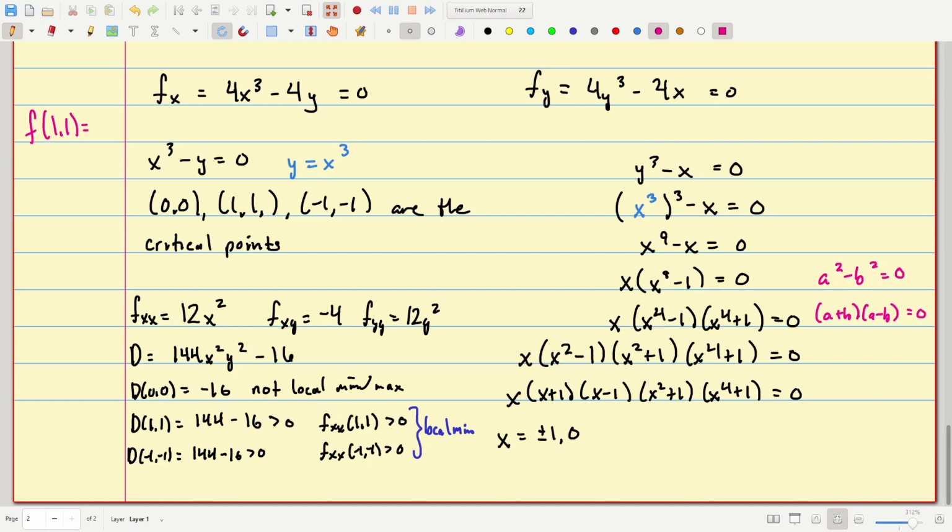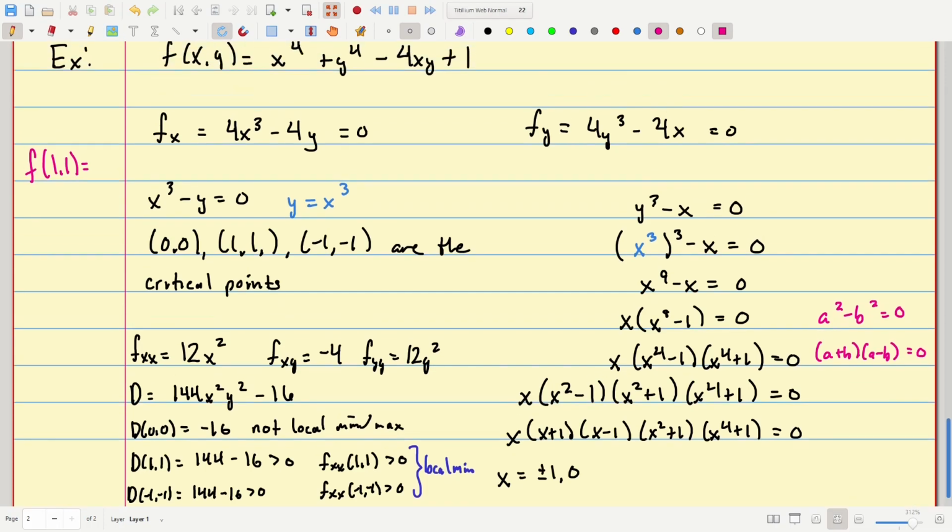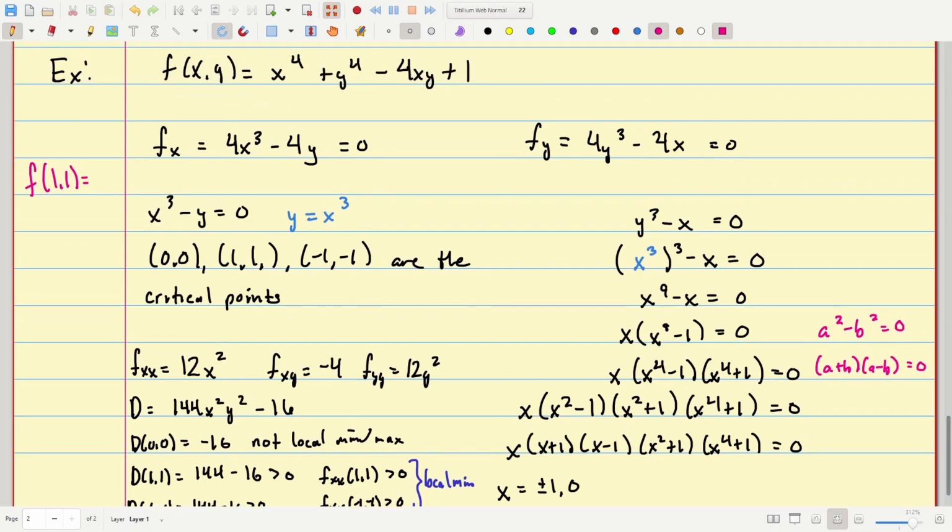So if we plug in f of (1, 1) to see what it looks like here, f of (1, 1) is going to give us a 1, and then -4 plus 1, so it's going to be -1.